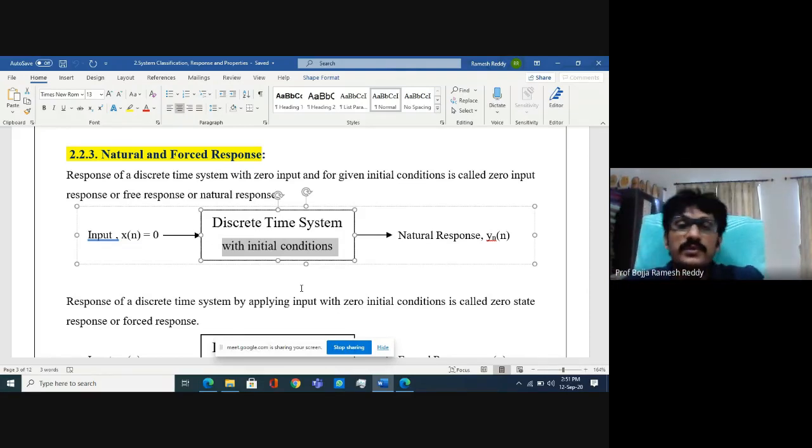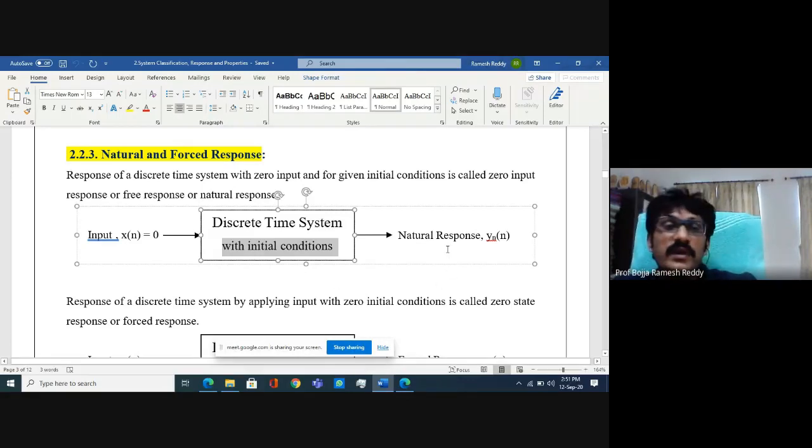Very simple concept here. Don't give any input. Without giving input, evaluate the output by considering initial conditions, which is called the natural response. This natural response is also known as zero input response. Why zero input? Because we are not giving any input to the system.